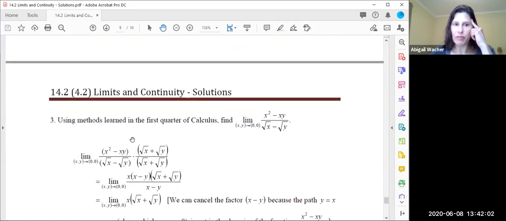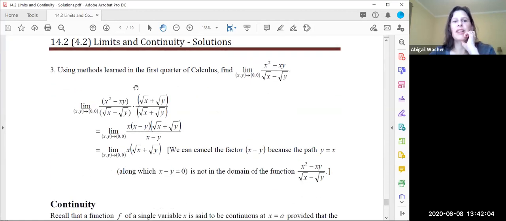Okay. So using methods learned in the first quarter of calculus, find the limit as (x,y) approaches (0,0) of (x squared minus xy) over (square root of x minus square root of y). Now, some of you might guess this, some of you might not. I've spent a lot of time in the last year or two teaching algebra, so this is fresh on my mind. When I see those radicals on the bottom, immediately I think about rationalizing.